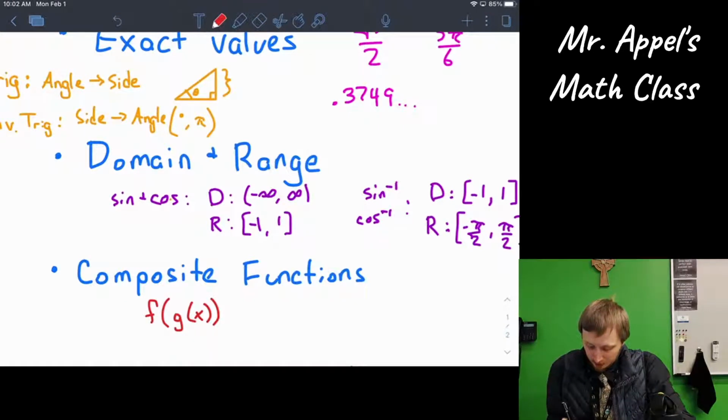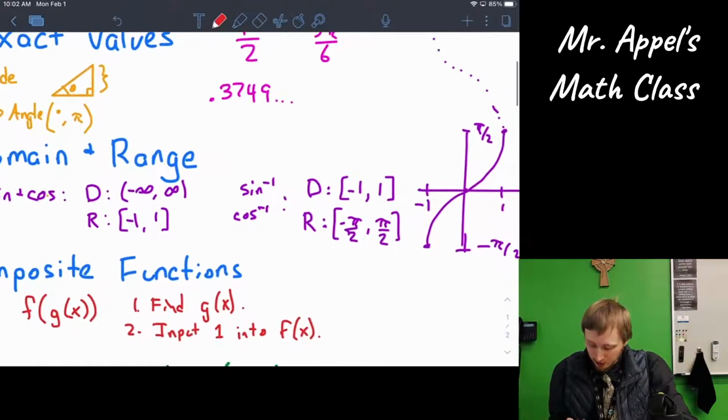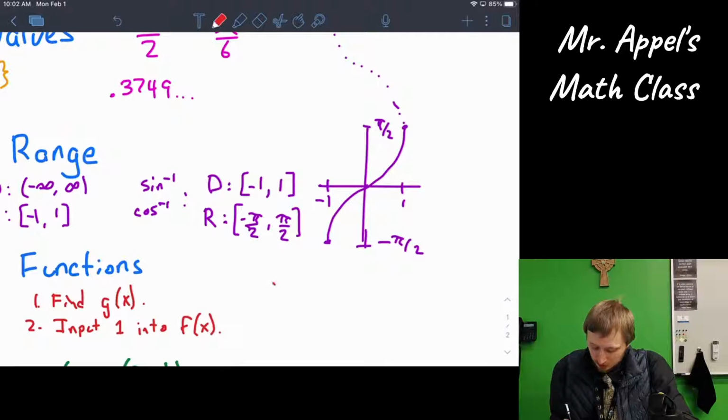So first find g of x, then input that into the other function f. In this case, we're dealing with trig functions and inverse trig functions, so often we'll find a function of the inverse of something, or f inverse of f of x.